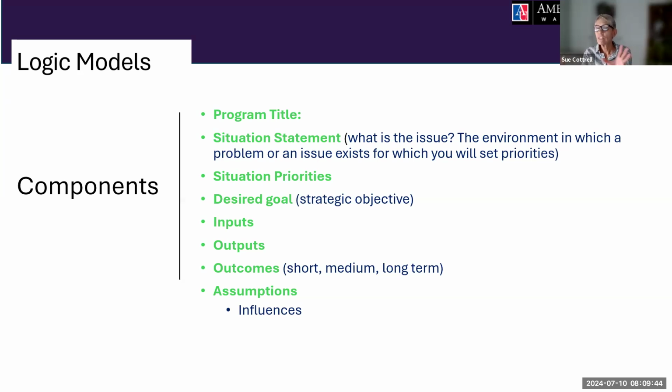So you have to decide in your program what you're going to prioritize in your situation. Then your desired goal or your strategic objective or objectives, inputs, outputs, short, medium, and long-term outcomes, and then your assumptions. And we'll go through these.